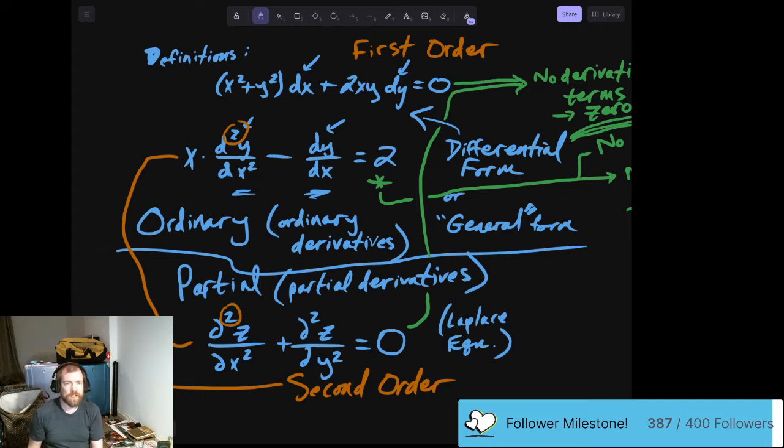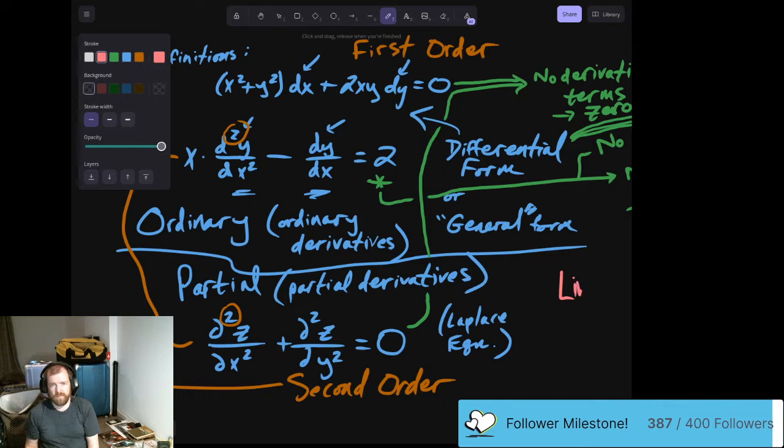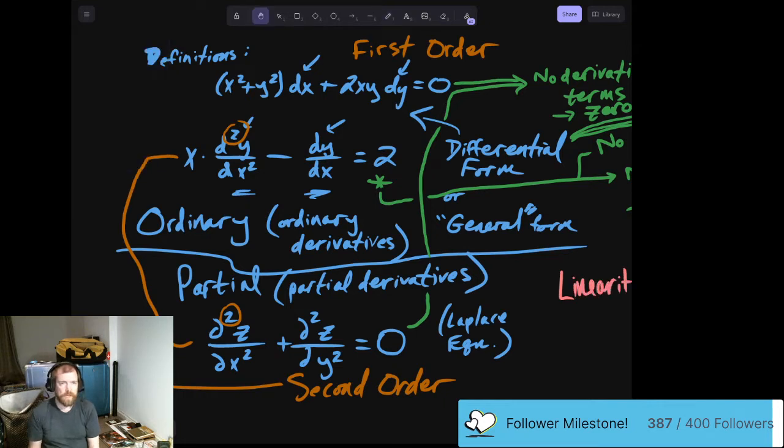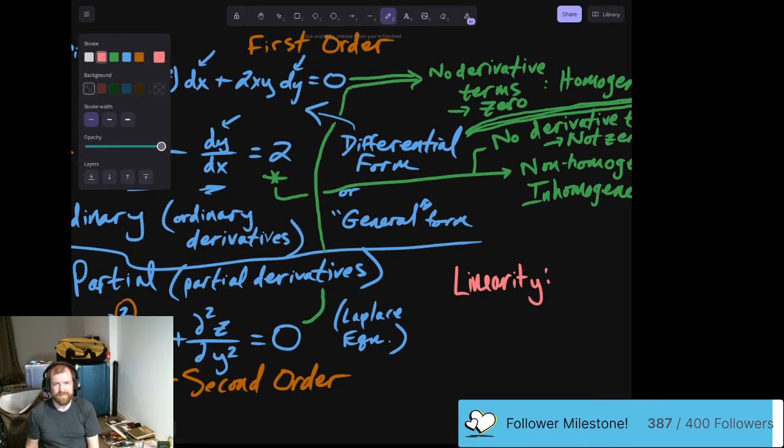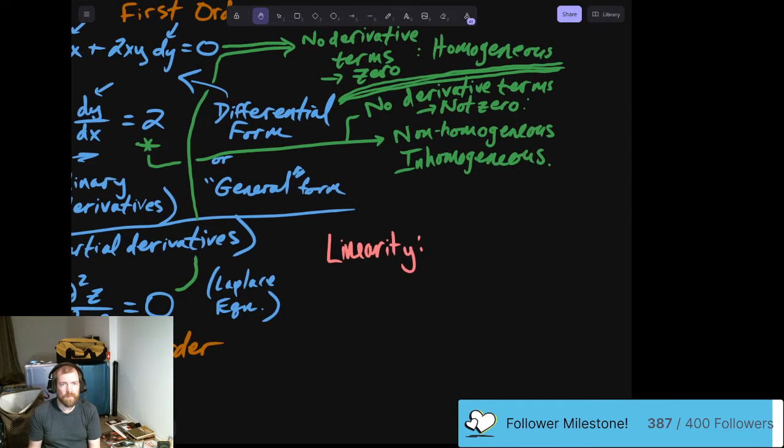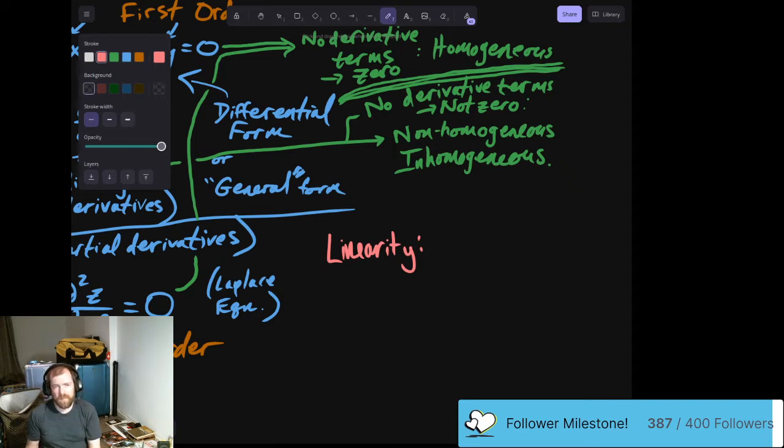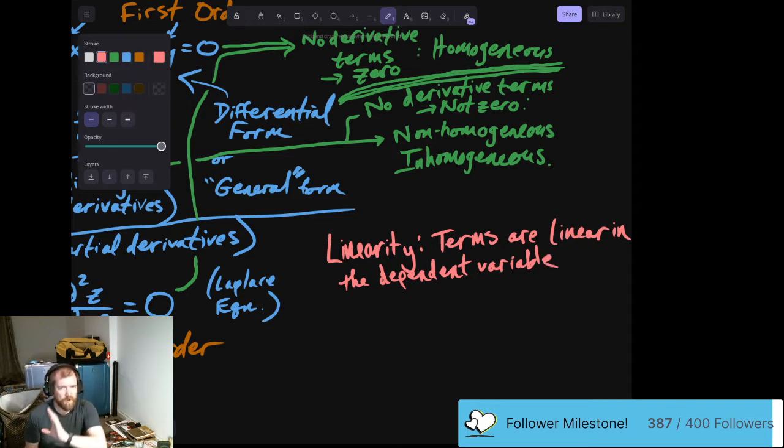And the other one that we have is the linearity. So the linearity is a little more difficult to describe, but the idea here is that the terms are all going to be linear in the dependent variable and its derivatives.